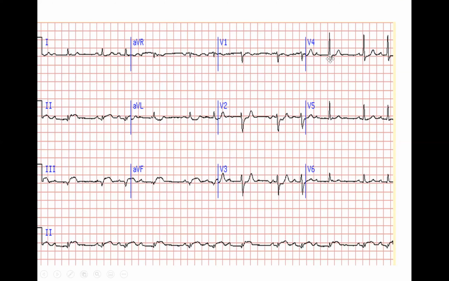Okay, there is sinus rhythm, there is ST segment elevation in inferior leads 2, 3 and AVF. There is ST depression in V2, 3 and 4.